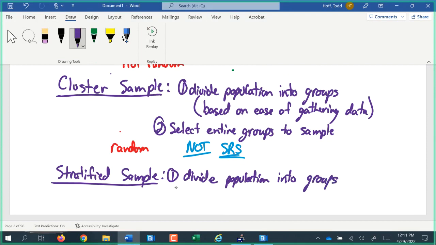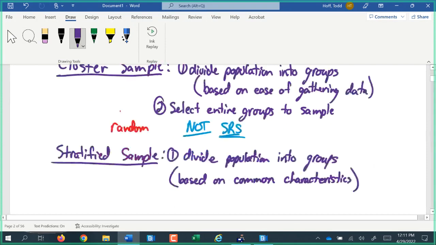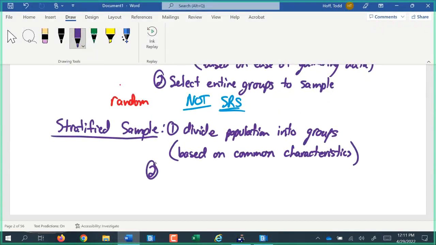But now instead of being based on ease of gathering information, it's based on common characteristics. And then we select a proportionate number from each group.